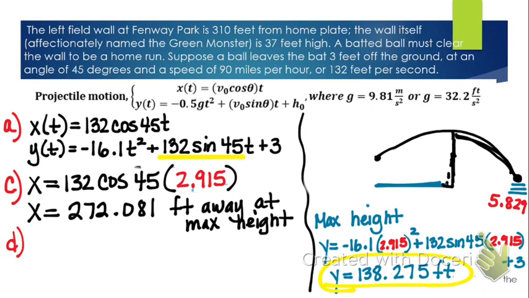So we know the horizontal distance, and because we know the horizontal distance, we can solve for t using the x parameter. So let's use that equation. Take 310, set that equal to 132 cosine 45t. Solve that for t. You're simply going to divide both sides.